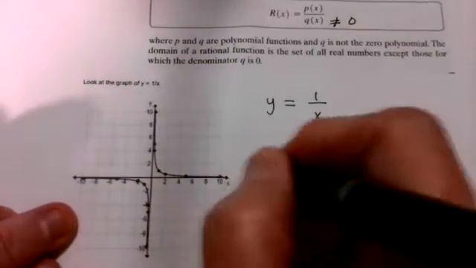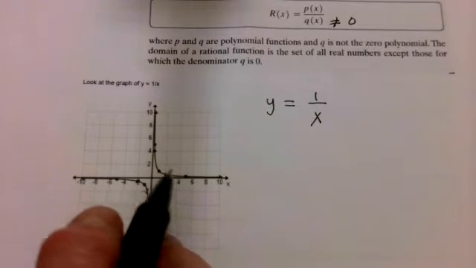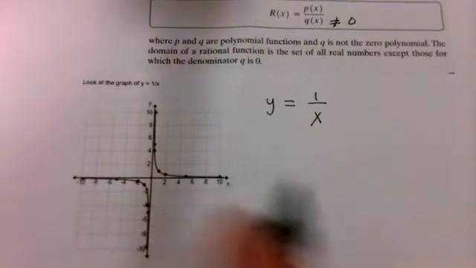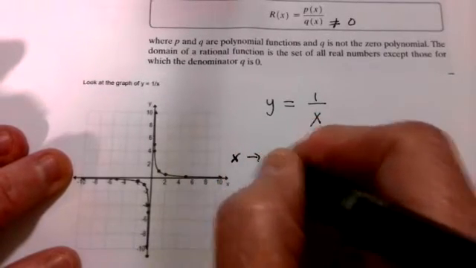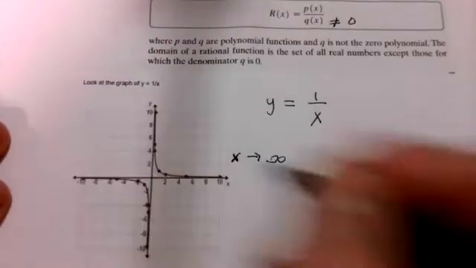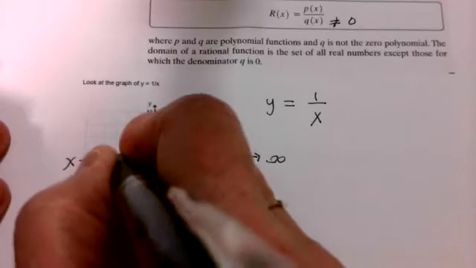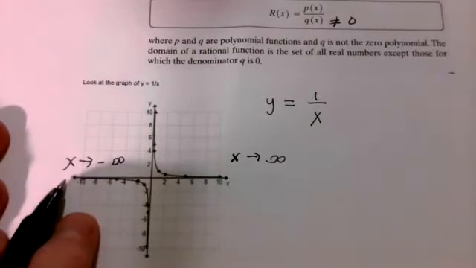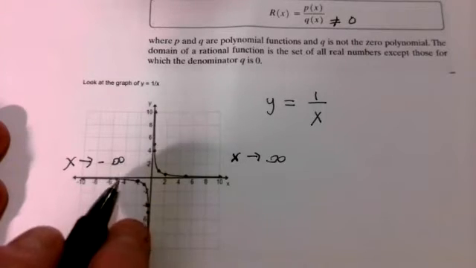They have asymptotes. You notice how the graph is starting to flatten out as x goes to infinity, this way. It's doing the same thing over here as x goes to negative infinity, this way. And the graph is flattening out. It almost looks linear.